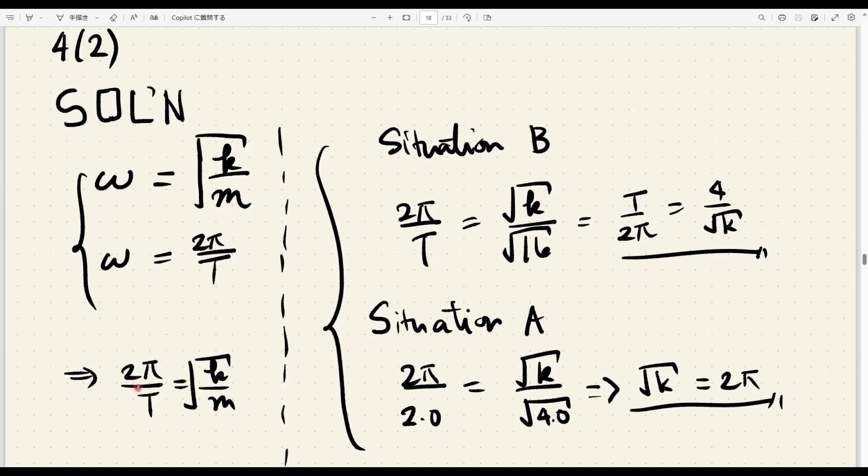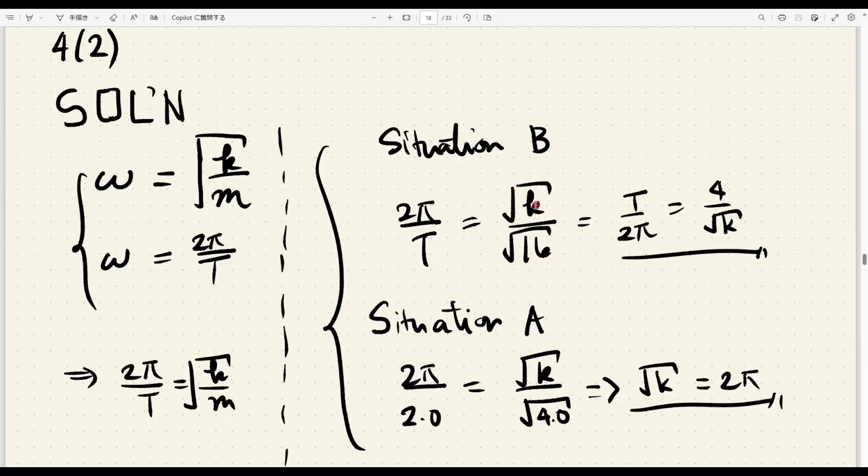We get this relationship: 2 pi over the period equals the square root of the ratio of the spring constant to the mass of the block. We're interested in situation B, so we replace the M here with 16. And K, we don't really know yet.